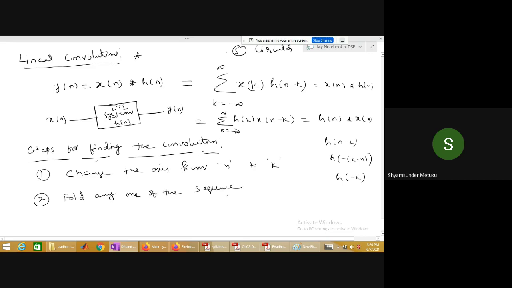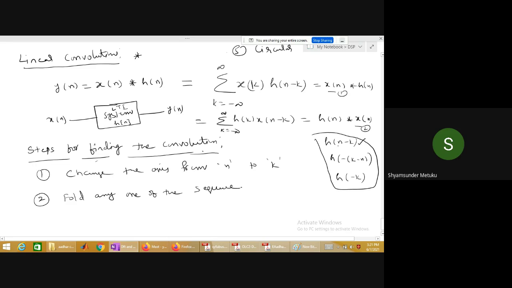For the first equation, which one do you fold? X of n or h of n? Look at the first equation. This is equation 1, this is equation 2. If equation 1 is followed, should x be folded or h be folded? Look there. Clearly I wrote this: here h of minus k.